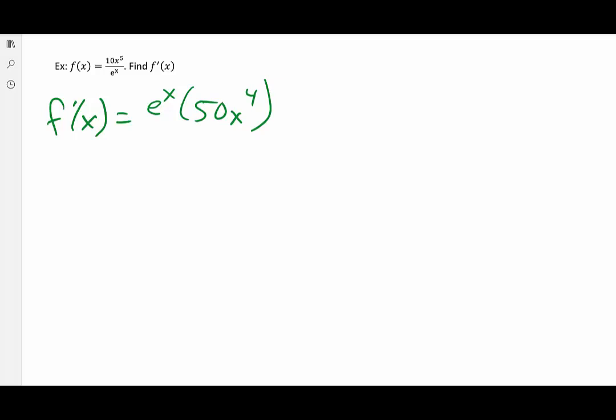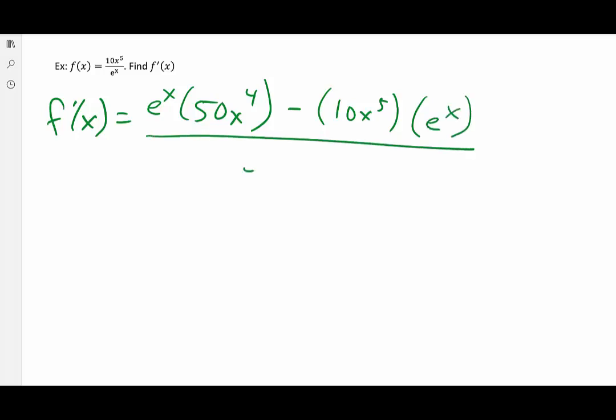Minus high d low. So that's going to be 10x to the 5th times the derivative of the denominator. The derivative of e to the x is e to the x. And then we put that over low squared, which is going to be e to the x quantity squared. All right.